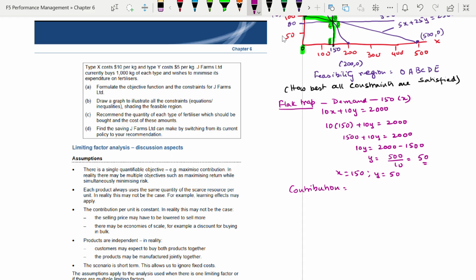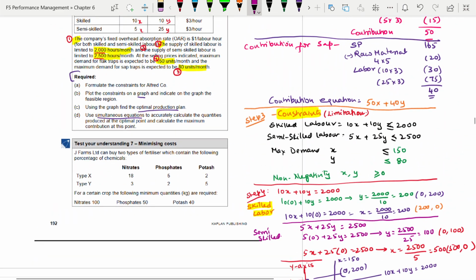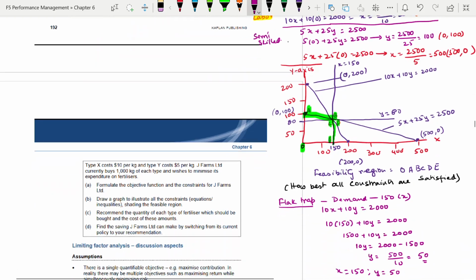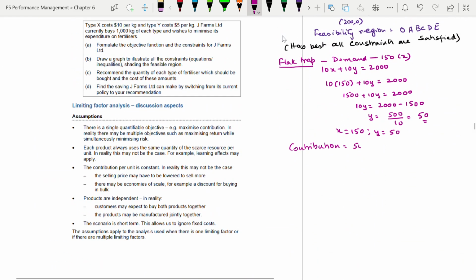Now you put in the contribution. The equation for contribution we made in the first one is 50x plus 40y. Is it right? 50 times 150 plus 40 times 50.